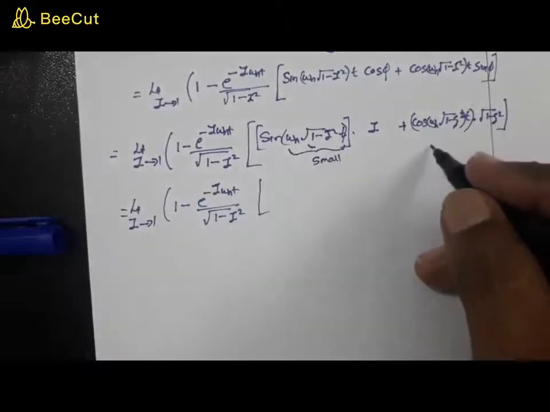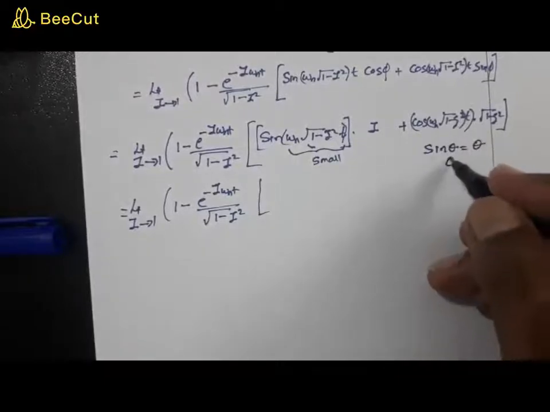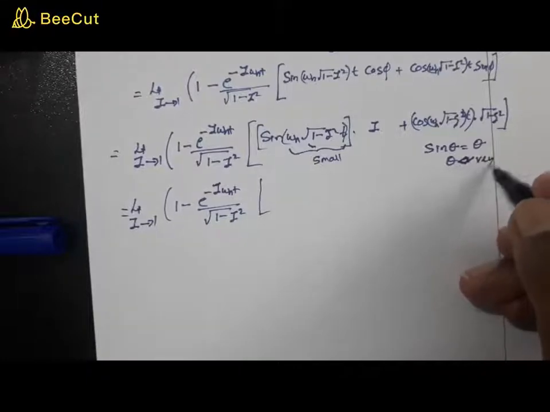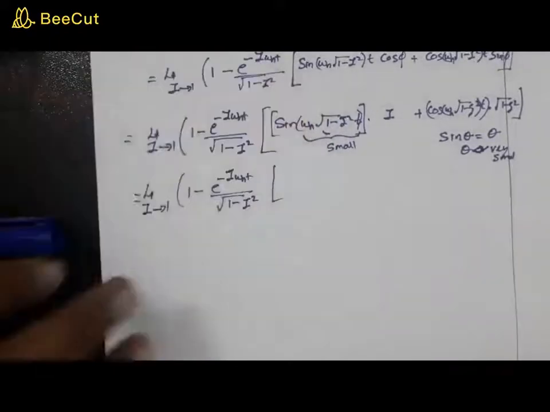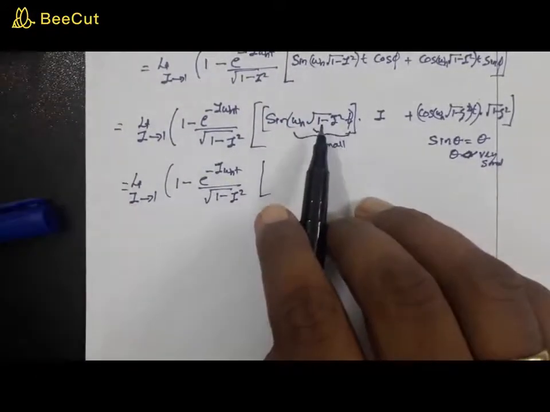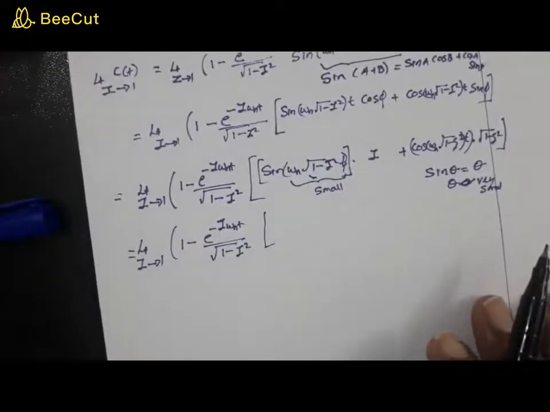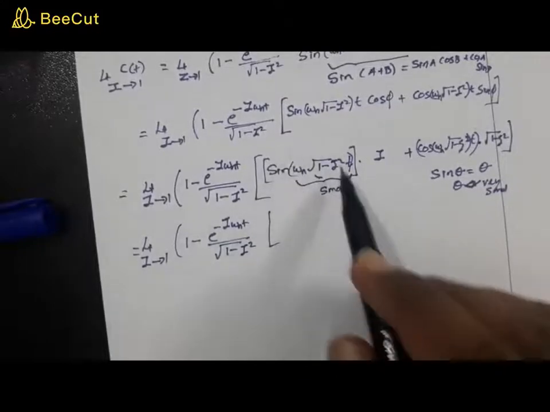You might have studied in your lower classes that sine theta is approximately equal to theta when theta is very small. Why does this become small? Because this is root of 1 minus theta square, and theta is close to 1, so 1 minus that quantity will be close to 0, so it becomes very small.